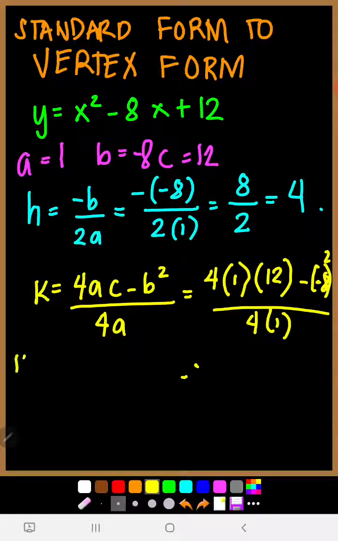So, our k is equals to 4 times 1 times 12. 4 times 1 is 4. And then 4 times 12 is 48.